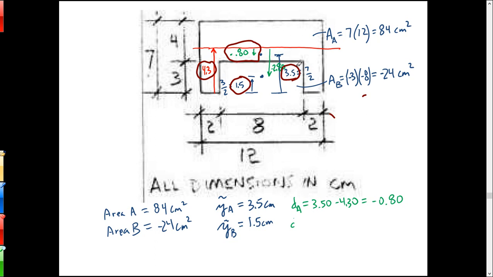And that's from the neutral axis down to the centroid of the cutout. Those are just found by doing straightforward subtraction. So dB, it doesn't look like I put that in there. That would be 1.5 minus 4.3, which is negative 2.8.